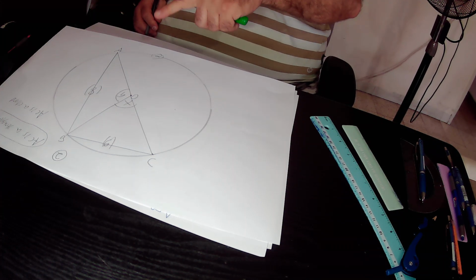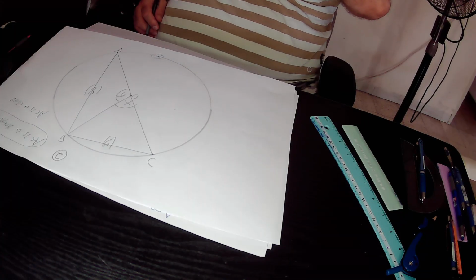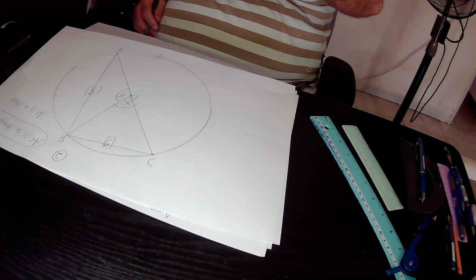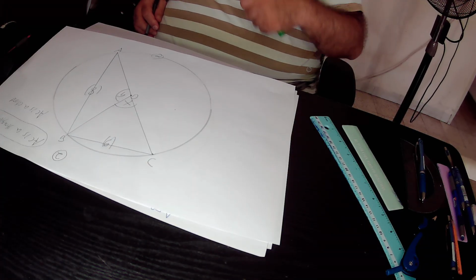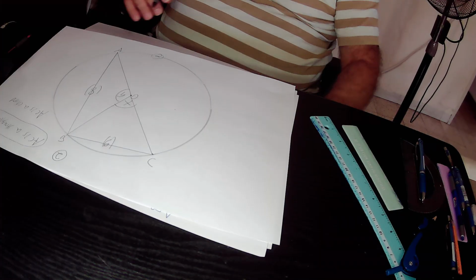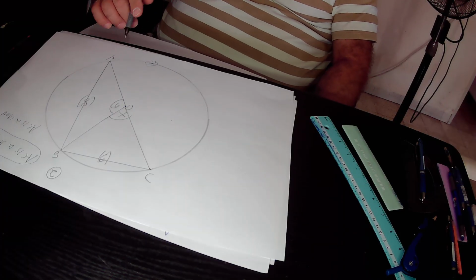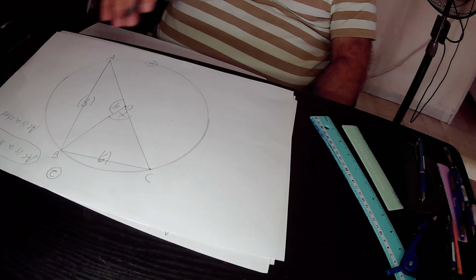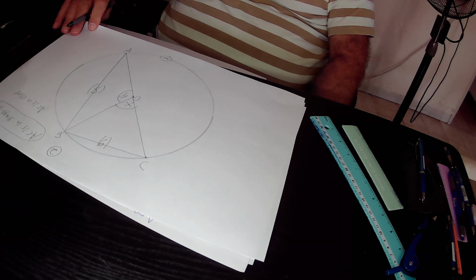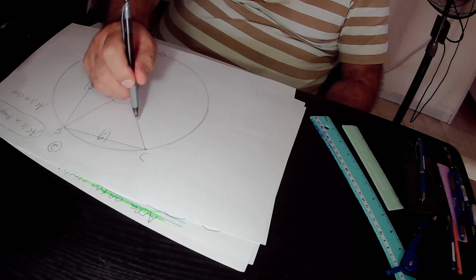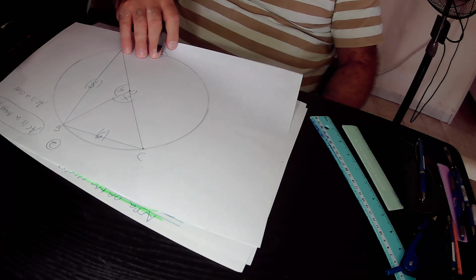And we know that any chord that passes through the center of the circle must be the diameter of the circle. So we can write down here that AC is the diameter of the circle because it passes through point O, that is the center of the circle. So AC is the diameter of the circle.